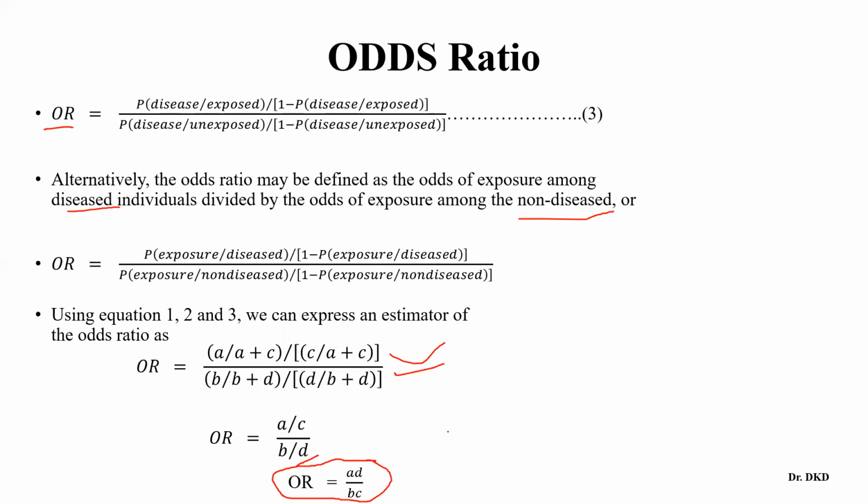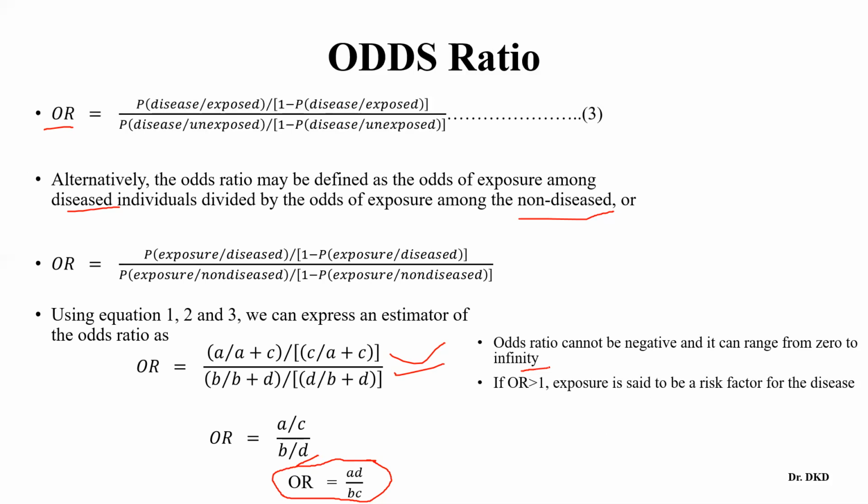Now, important points we need to interpret for the odds ratio. The odds ratio cannot be negative, and it can range from 0 to infinity. If we calculate a problem and get an odds ratio greater than 1, exposure is said to be a risk factor for the disease.